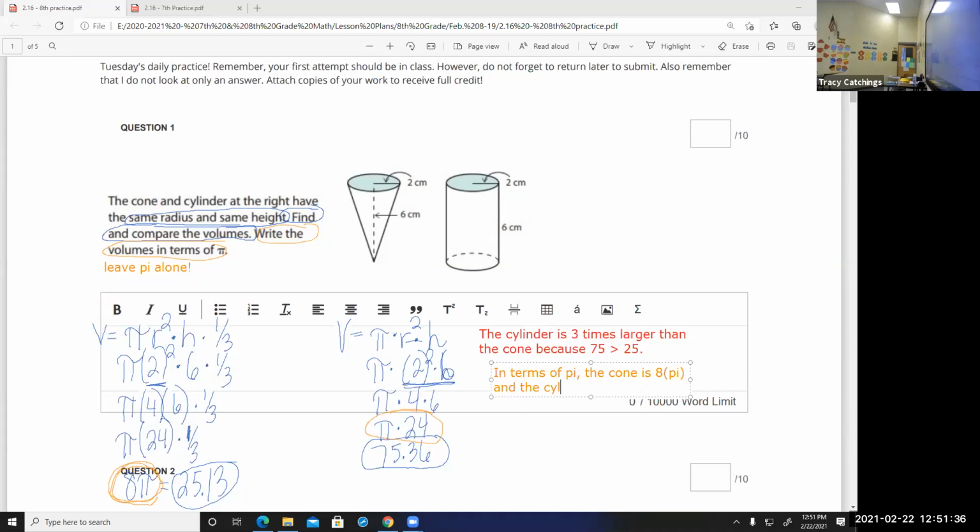And the cylinder is 24 pi. Any questions about that? So if they ask us to give it in terms of pi, they just don't want you to multiply it by pi.